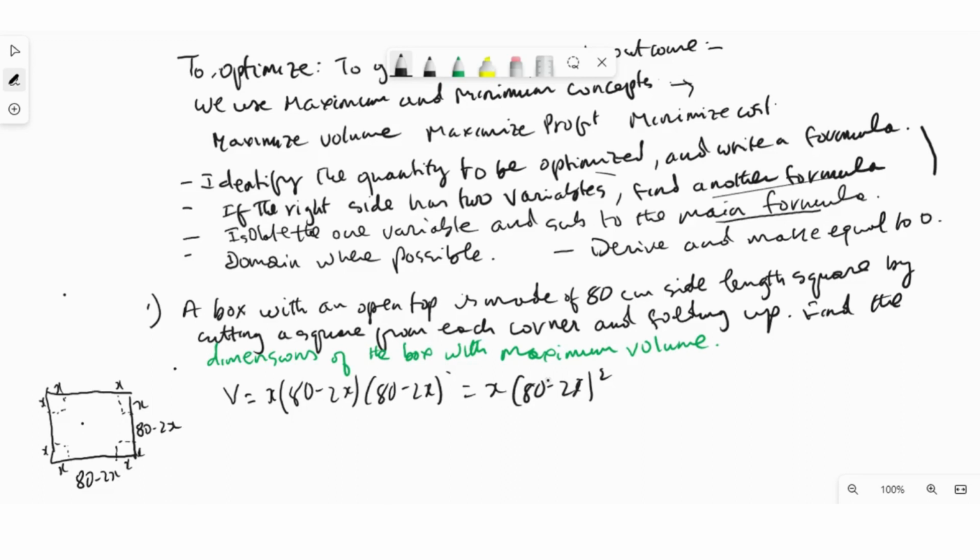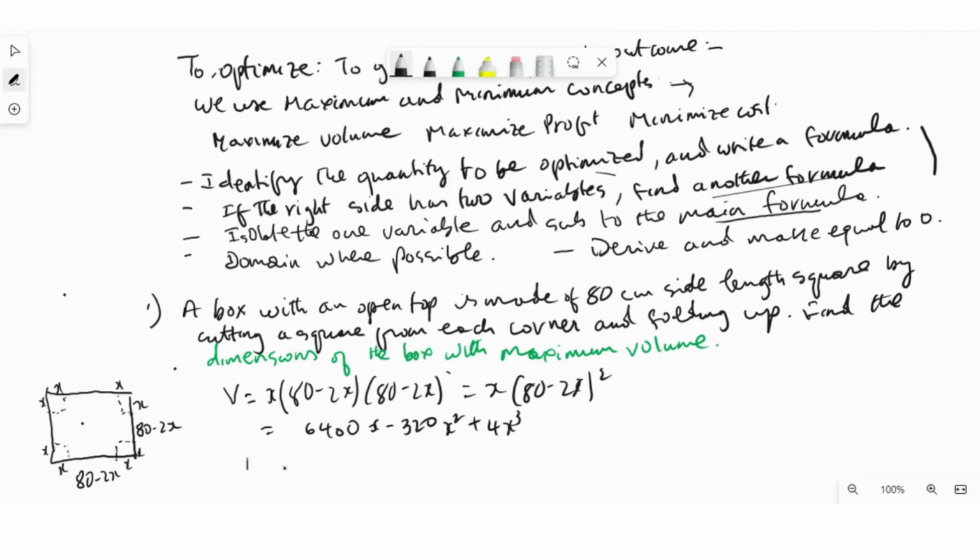So we expand this one here. By expanding this one here, we'll get 6400x minus 320x squared plus 4x cubed. Once we have the volume, we derive dV.